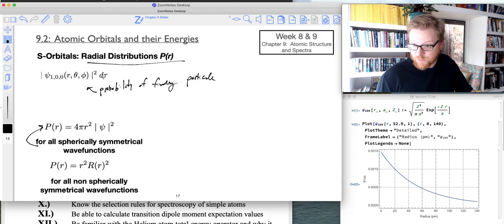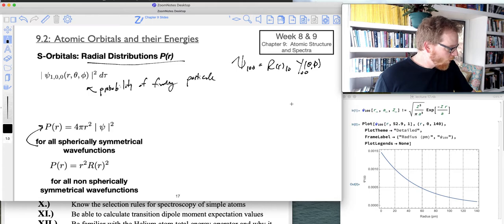Well, I'll remind you, d tau, when we carry out this operation right here, okay, and again noting that psi 100 equals R of r, 10, and then Y of theta phi, 00.